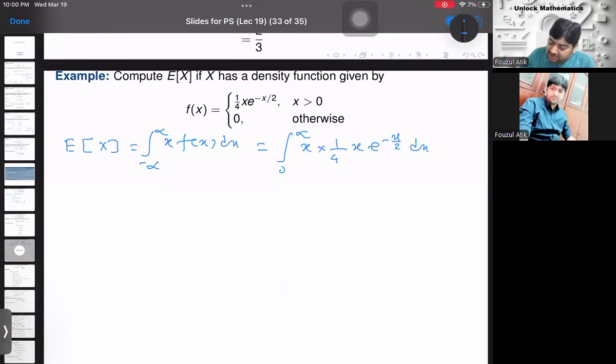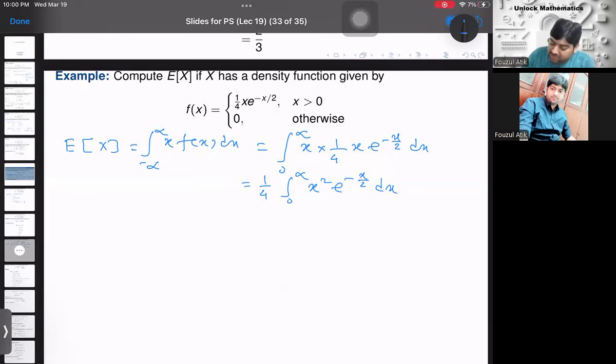And therefore it is equal to 1 by 4 into the integral from 0 to infinity of x square e to the power minus x by 2 dx. Now how to do this integration? We know we have to use the integration by parts method. Here one algebraic function and one exponential function are there, so definitely you take x square as the first function.